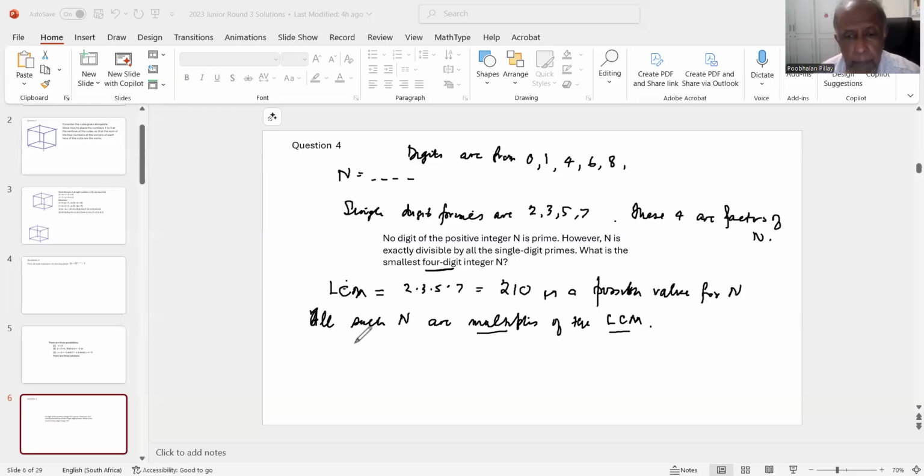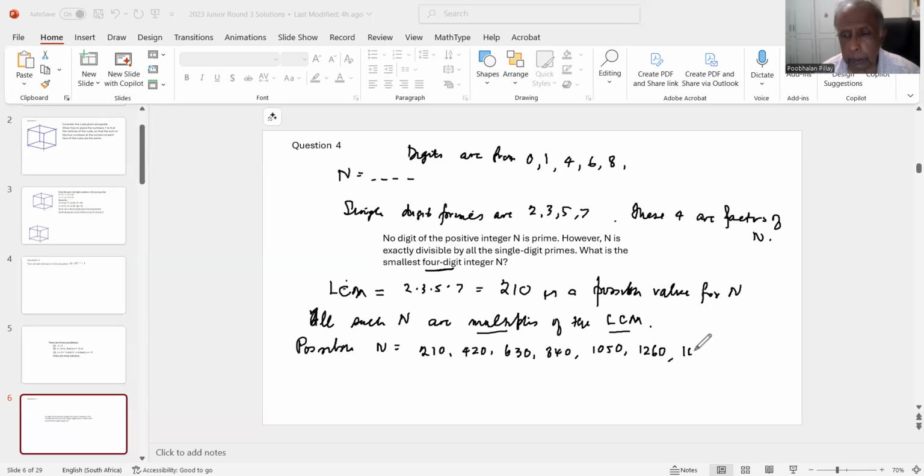So therefore, the possible values for n are 210, and we take the multiples, 420, 630. I'm multiplying by 3, multiplying by 4, multiplying by 5, multiplying by 6.